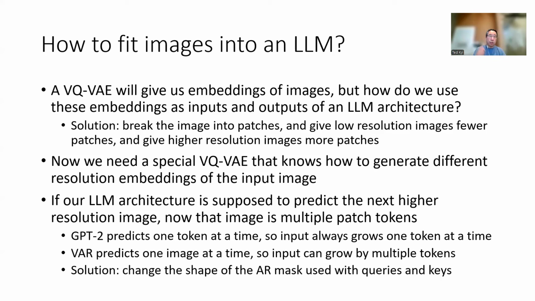So what we're going to do is we're going to say each patch is using a shared vocabulary, but low res gets 1 patch. Next res gets 4 patches. Next gets 9. Next gets 16, and so on and so forth until the final one gets 256 patches, and it can therefore have a lot more information content packed into it.